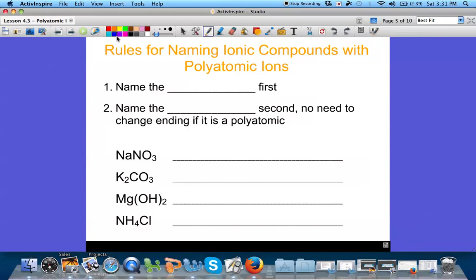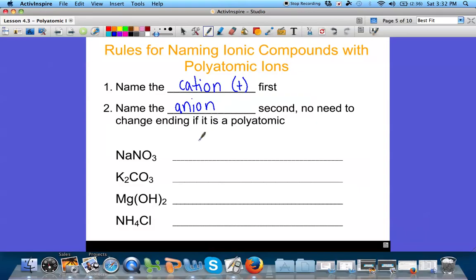So we have some rules for naming ionic compounds with polyatomic ions. The first thing that we need to do is name the cation first. Remember, our cations are positive. And notice I didn't say metal, because our cation could be ammonium. The second thing that we need to do is name the anion second.